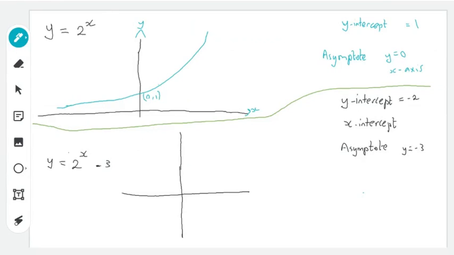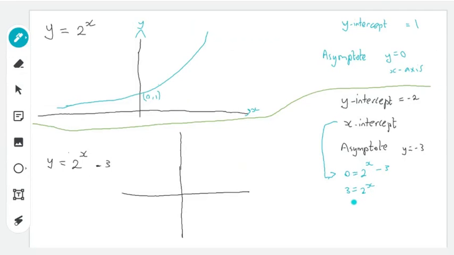1.58. 1.6. Okay, so before you use the calculator, what did you write? I wrote 3 equals 2 to the power of x. So 0 equals 2 to the power of x minus 3. So 3 equals 2 to the power of x.